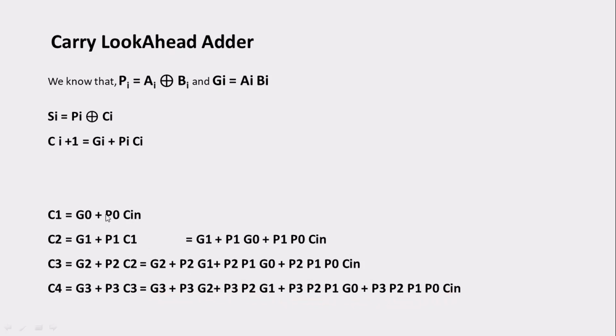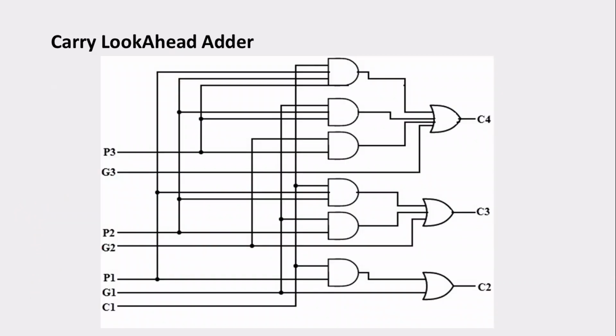Based on the equations we have over here, we compute these carries earlier itself. That earlier computation is what we call look ahead. Now you can look at the circuit actually present inside that carry look ahead part.